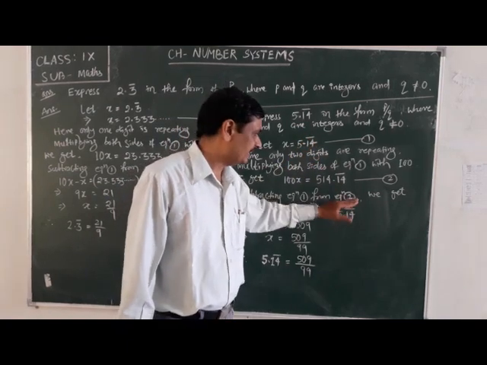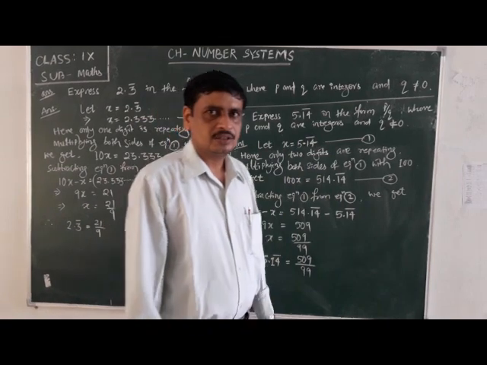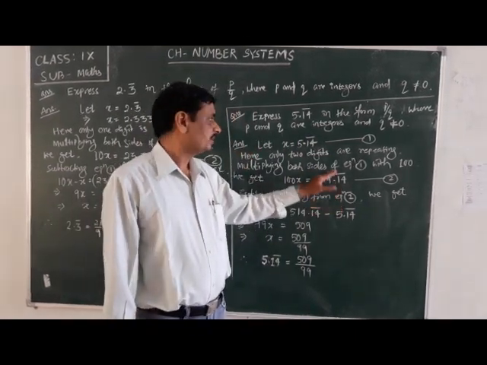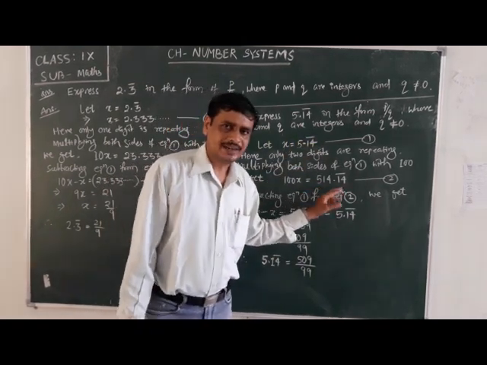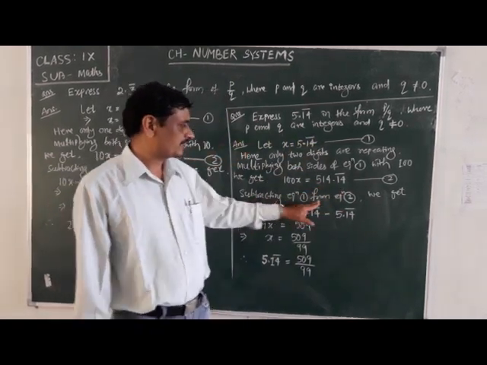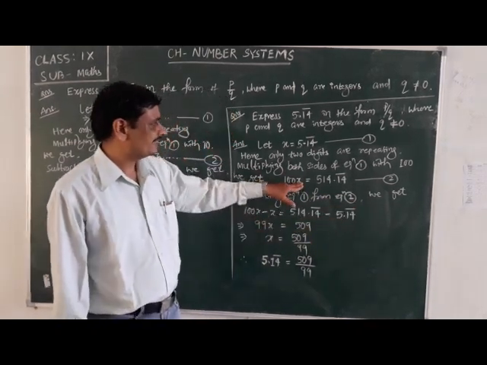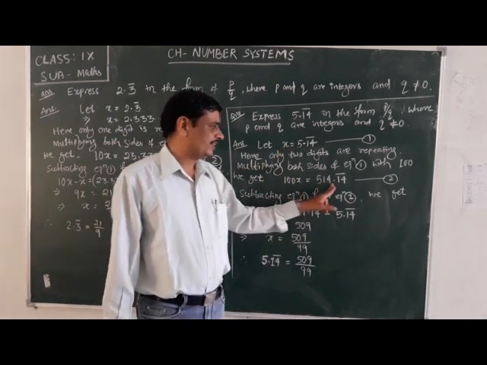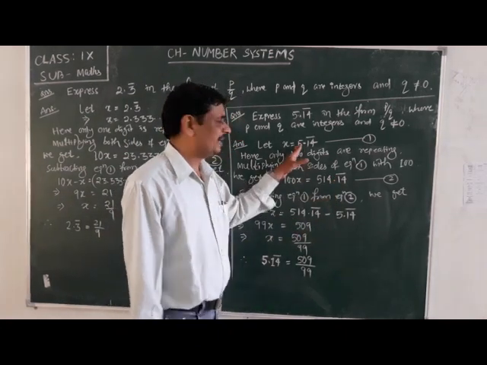The same thing happens in equation 2 also. Now we have to subtract equation 1 from equation 2. When equation 1 is subtracted from equation 2, we get 100x minus x equal to 514.14 bar minus 5.14 bar.